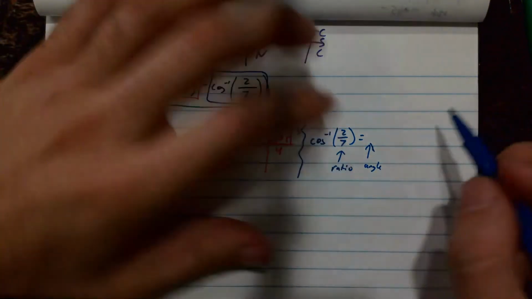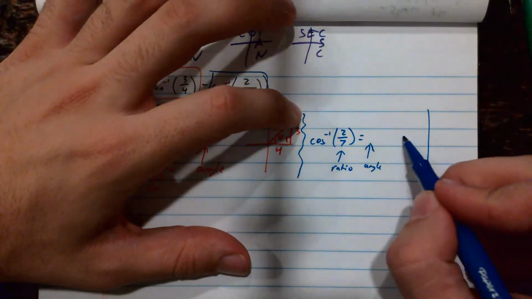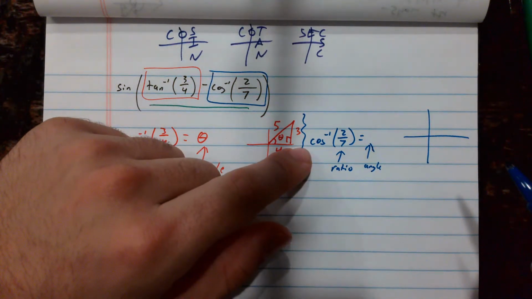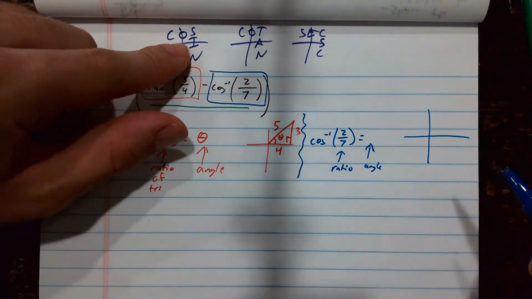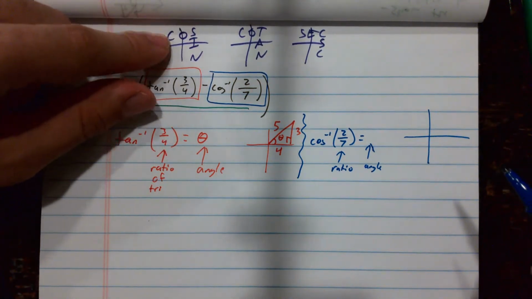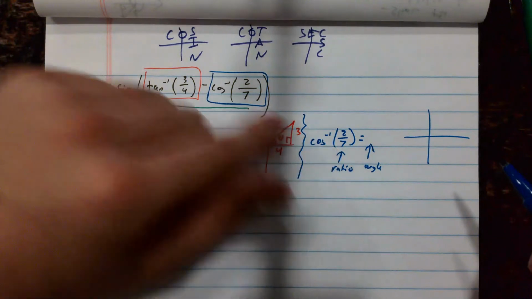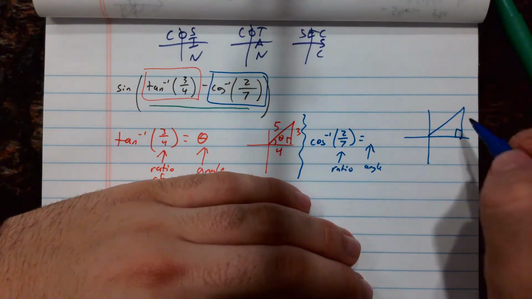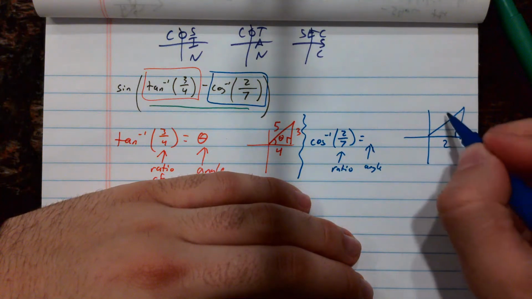So go ahead and draw my triangle. Now cosine inverse, again, in the first and second, cosine is positive, or the ratio is positive, so it's going to be in the first quadrant. Cosine is adjacent over hypotenuse.